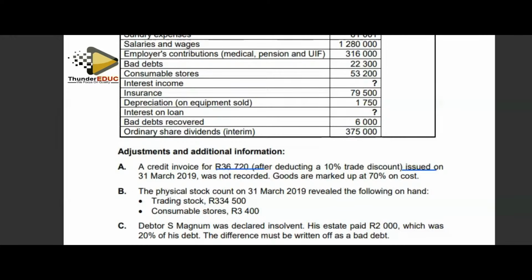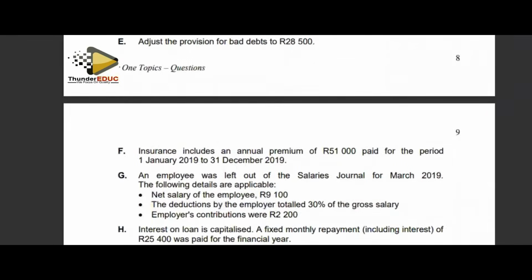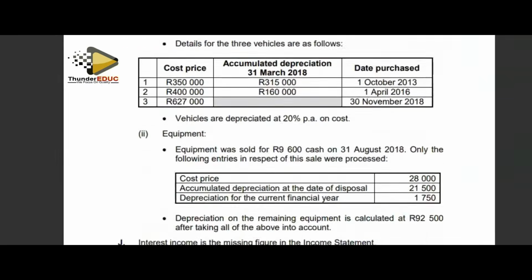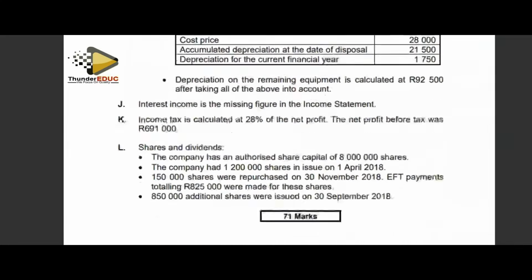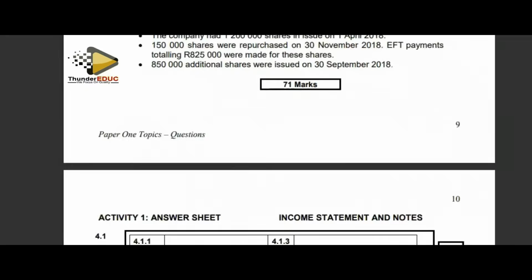Okay. Physical stock taking was this, 1,800, adjust for provision for bad debts, insurance for the period of journey an employee, interest, vehicle equipment, interest. So I don't see anything affecting our cost of sales.